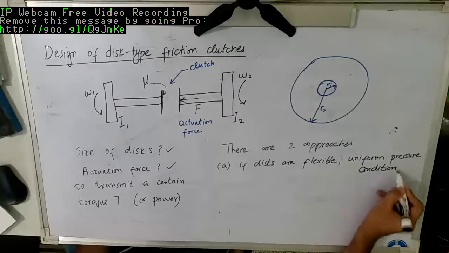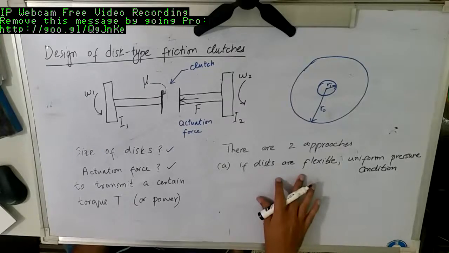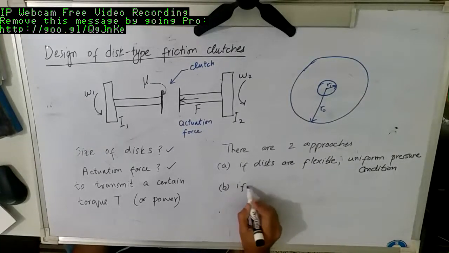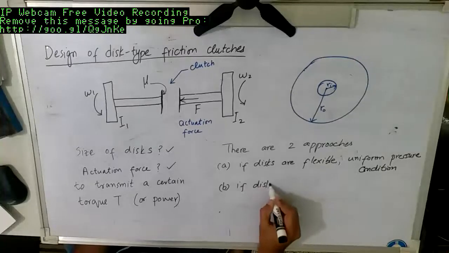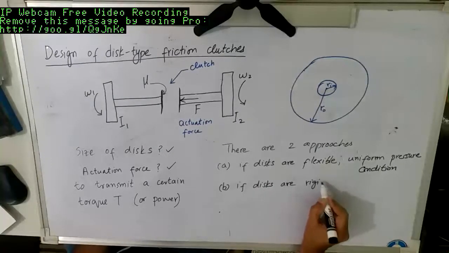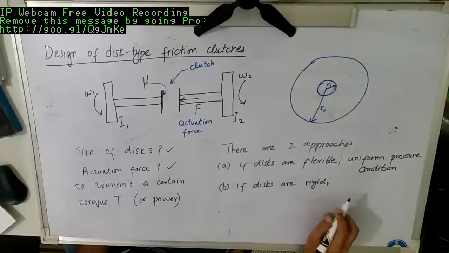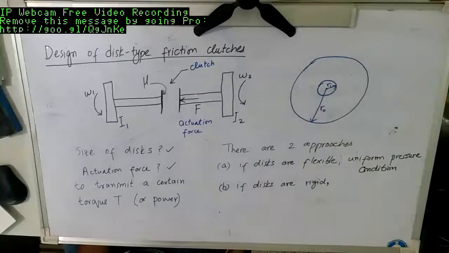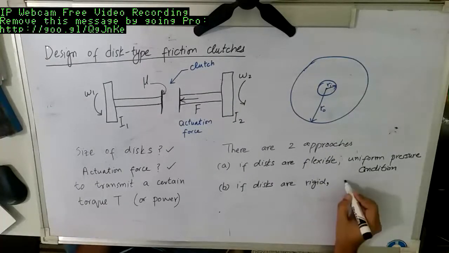This is based on the assumption that the discs are a little flexible. If we consider the discs as rigid as opposed to flexible, then the pressure distribution cannot be uniform throughout the surface of the clutch.